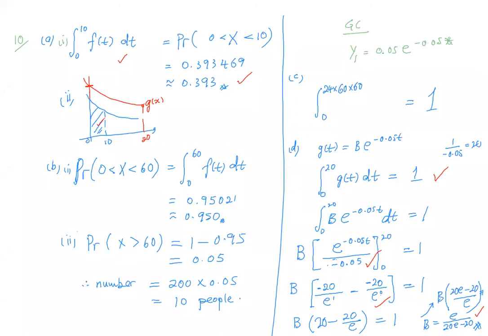Then the final part. They say, is the probability of an individual spending between 0 and 10 minutes in the food queue greater or less than the probability for an individual in the entry queue? Give a reason for your answer. Which one takes longer? Can someone give me the answer for part F?